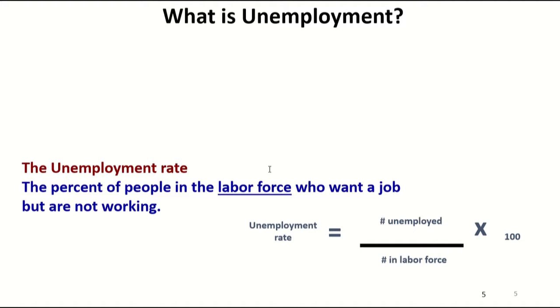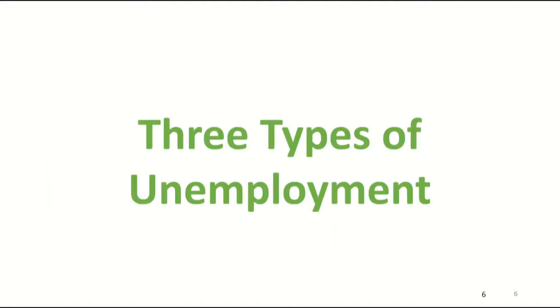A lot of students have trouble with that because they think, no, that person is unemployed. They should be working. And it doesn't work that way. Not in the statistics that the Bureau of Labor Statistics keeps at the United States federal level. They don't count that. You have to say, I want a job, I'm looking for a job, and I fit these requirements. All right, what are the 3 types?